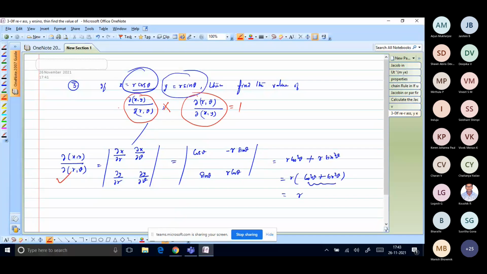This value is r, so r into this much is 1. So this implies that the Jacobian of r theta with respect to xy is 1 upon r. This r you bring to the denominator on the other side. So you can directly get its value using your theorem number 1.